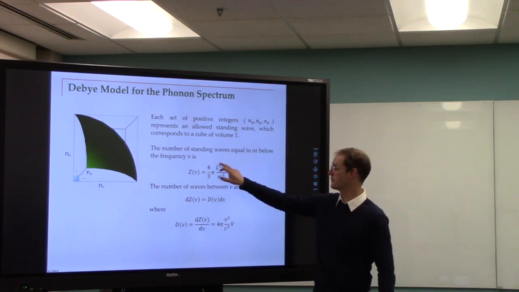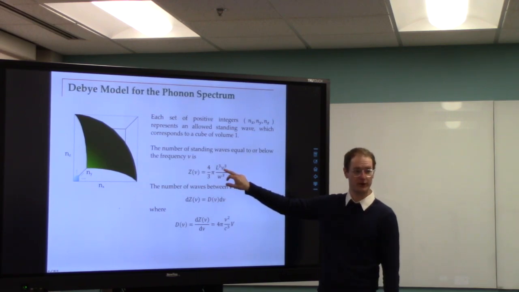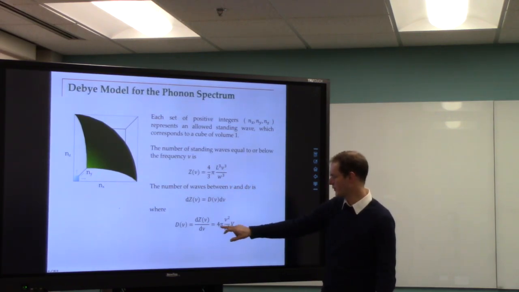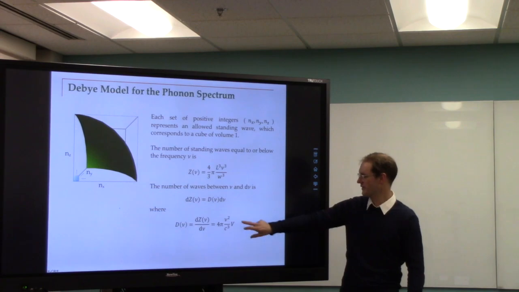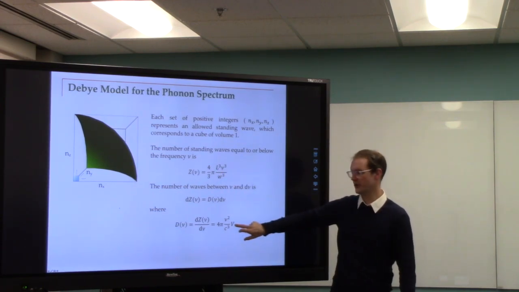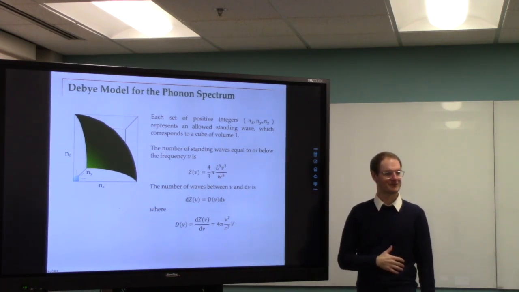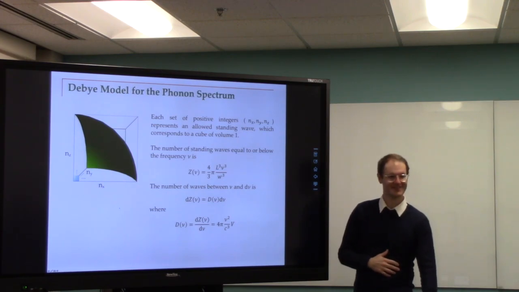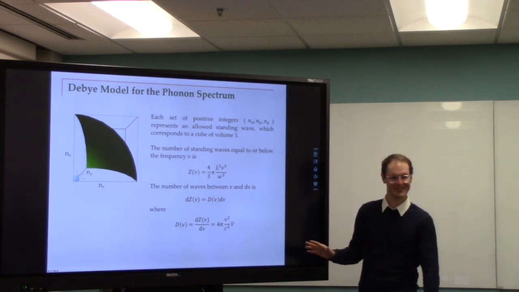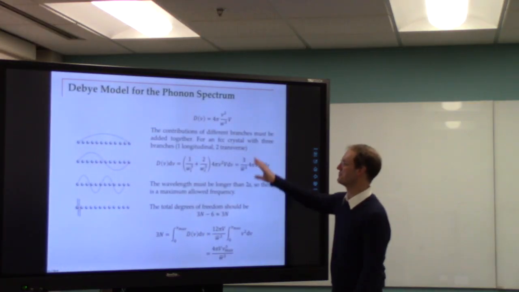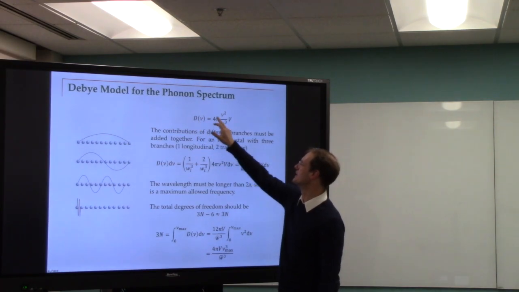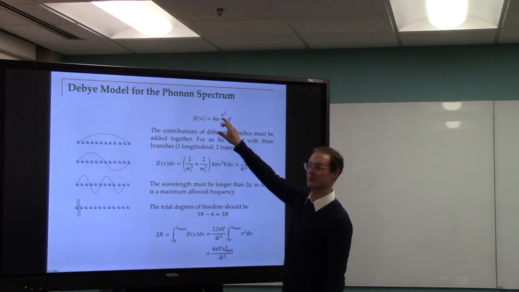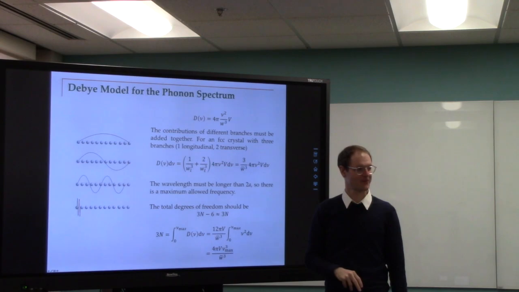So we're going to get a factor of 3, and then we're going to get nu squared. And so, yeah, 4 pi nu squared over, this should be a w, sorry, w cubed, times V. And I've substituted L cubed equals volume. Any questions? Okay, so basically the key result is the density of states is proportional to the frequency squared.